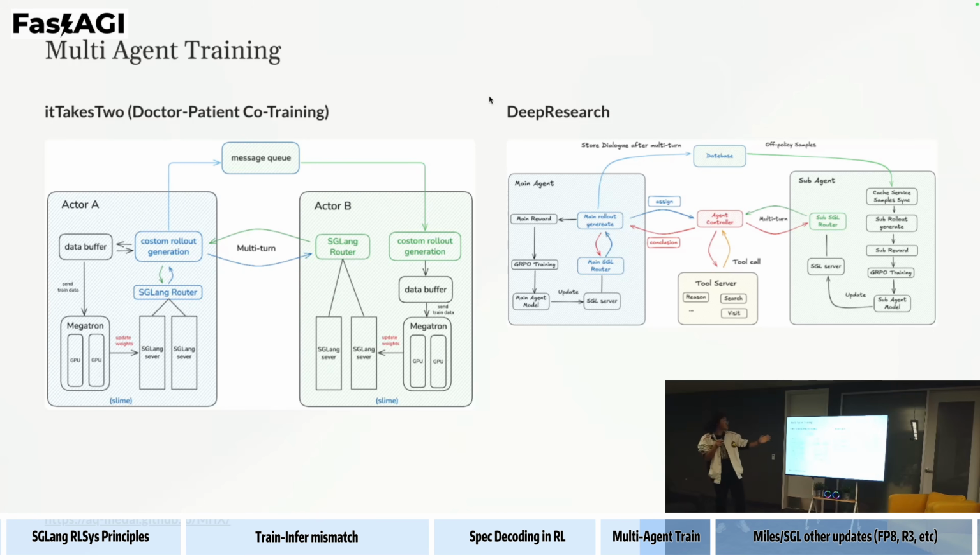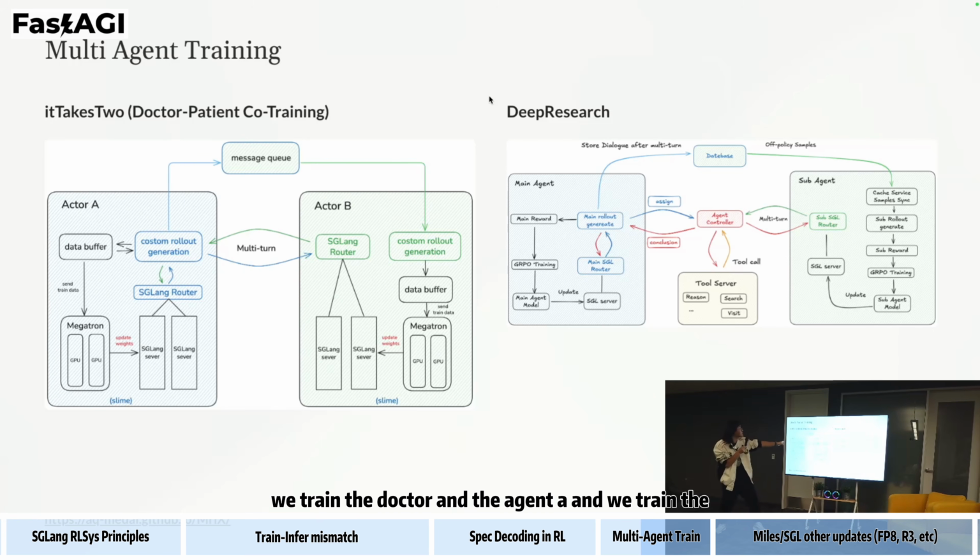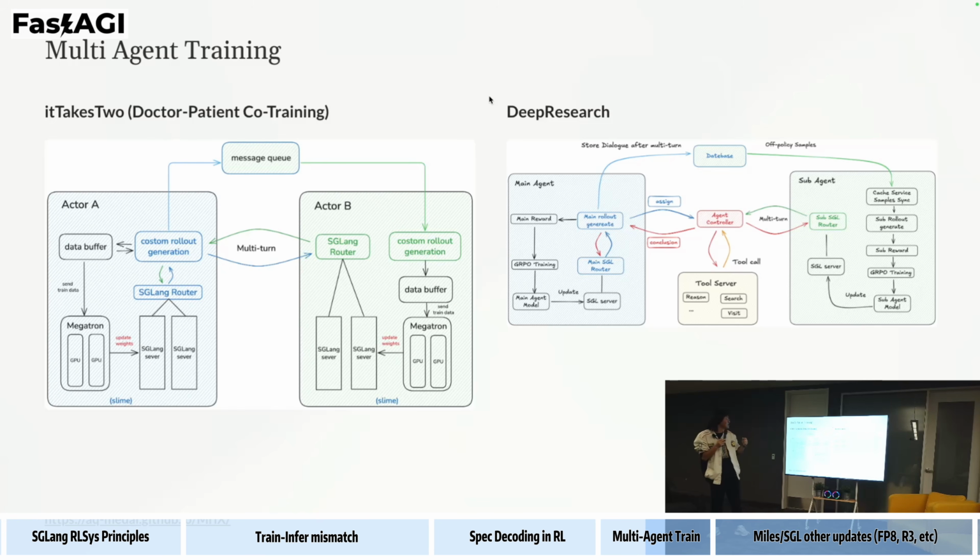So we train the doctor as agent A, and we train the patient as agent B, and then they evolve together. Then we showed that the doctor can be better than just training the doctor by itself, and the patients can also learn how to describe their problems in a more formal way. Yeah, and that's the first example, doctor-patient co-training, multi-agent training with Miles.